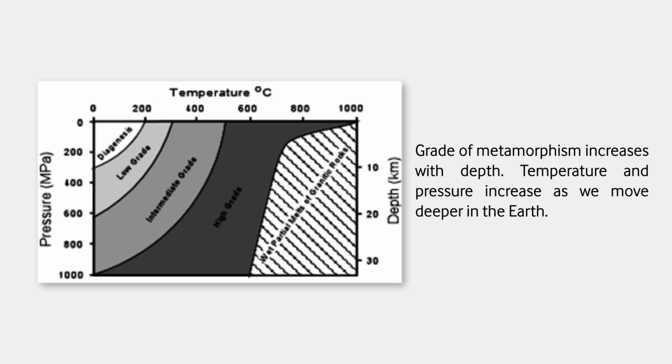First is diagenesis, then comes low grade metamorphism, then intermediate grade metamorphism, and high grade metamorphism is shown with dark gray color. On my right hand side is the partial melt of granite rocks, at temperatures greater than 700 degrees and much higher pressures.